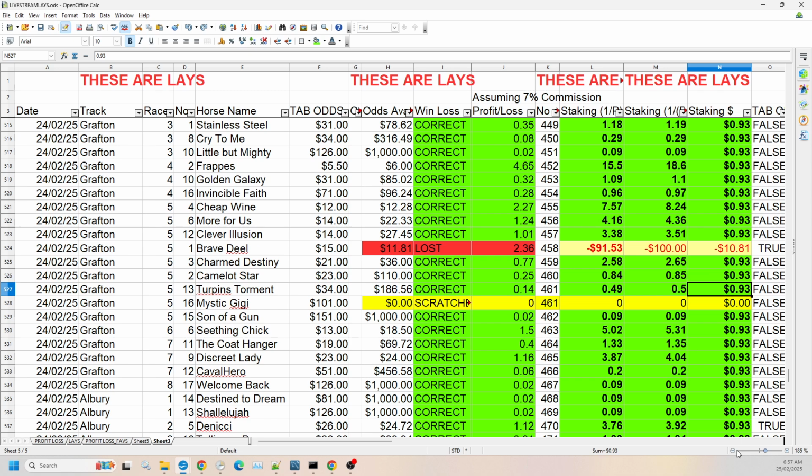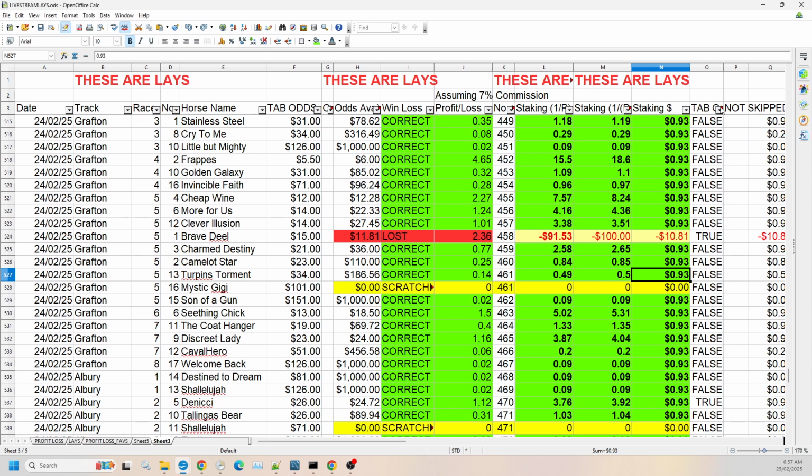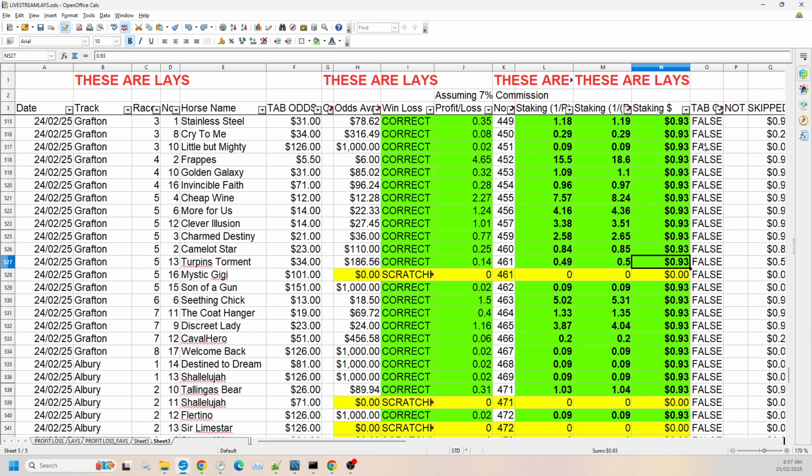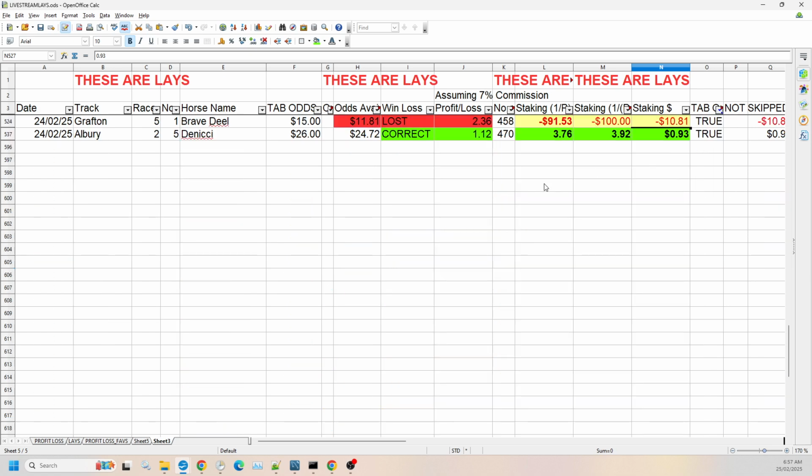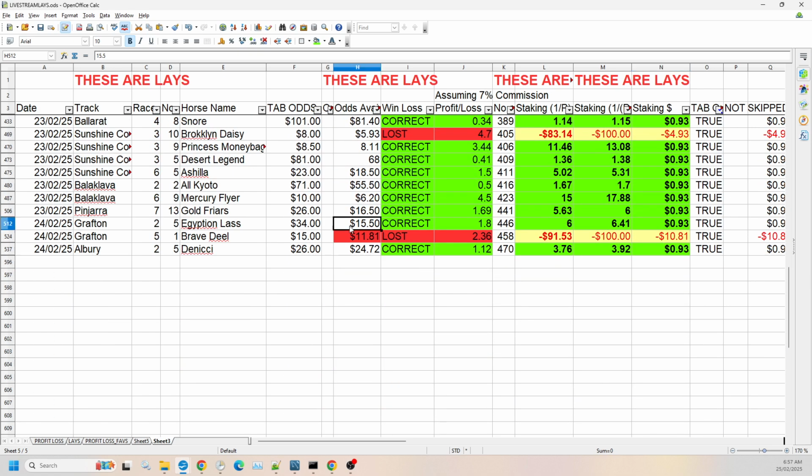Now, if we looked at the tab ones, I believe there was only 3 selections yesterday. So those that started under the odds, there were 3, 2 at Grafton, 1 at Albury, and unfortunately, Brave Deal was one of those, so it did take that as a loss yesterday.